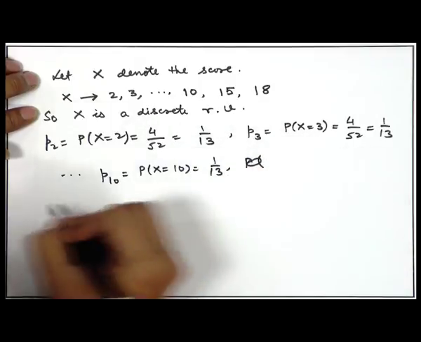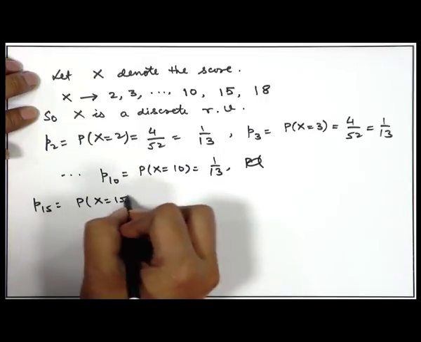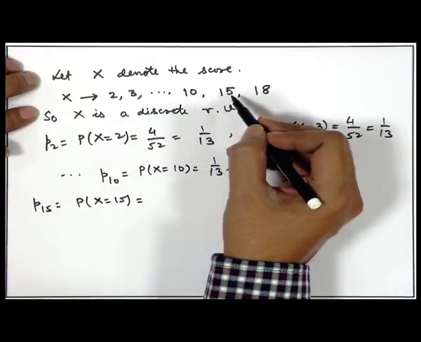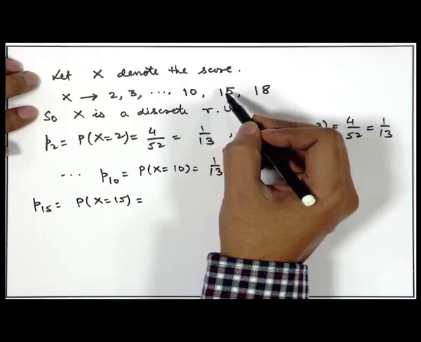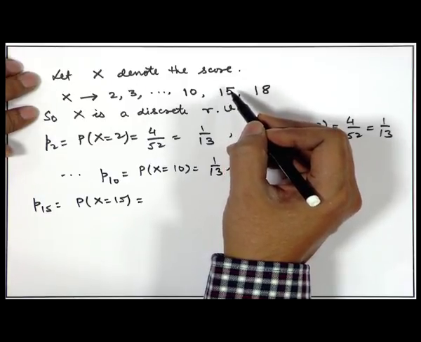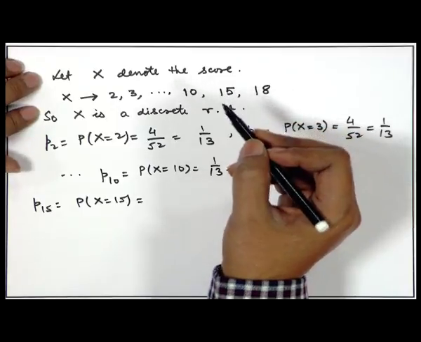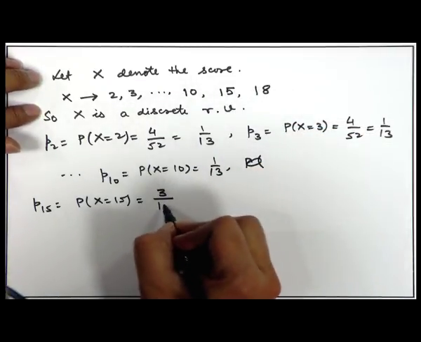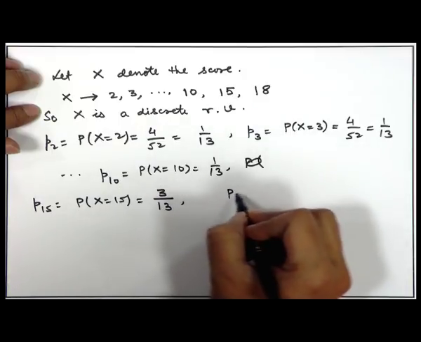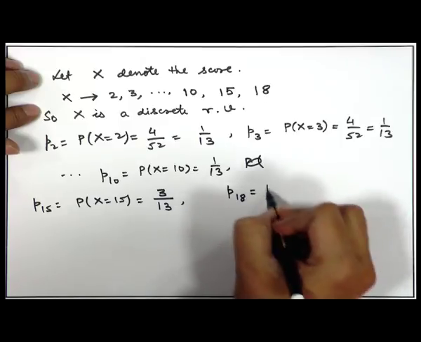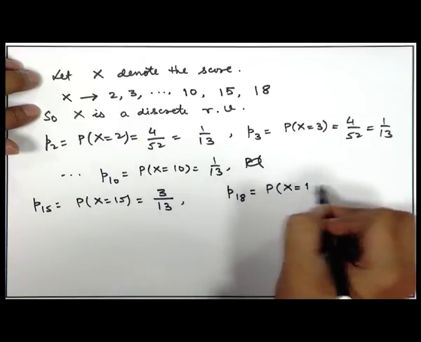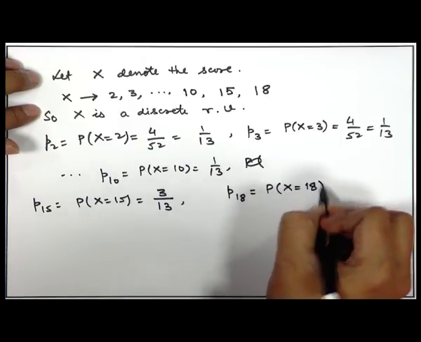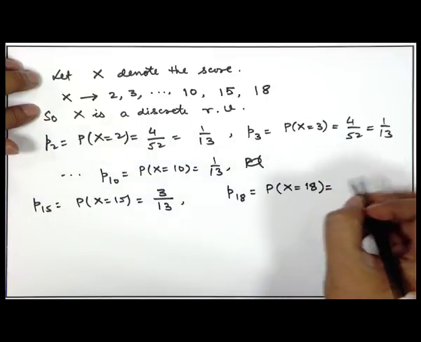If I consider P15, that is the probability x equal to 15. Now, 15 is recorded when 3 kinds of cards are there, king, queen and jack. There are 12 such cards. So, you get 12 divided by 52, that is equal to 3 by 13, and the probability of 18, that is probability x is equal to 18, is when an ace is observed.